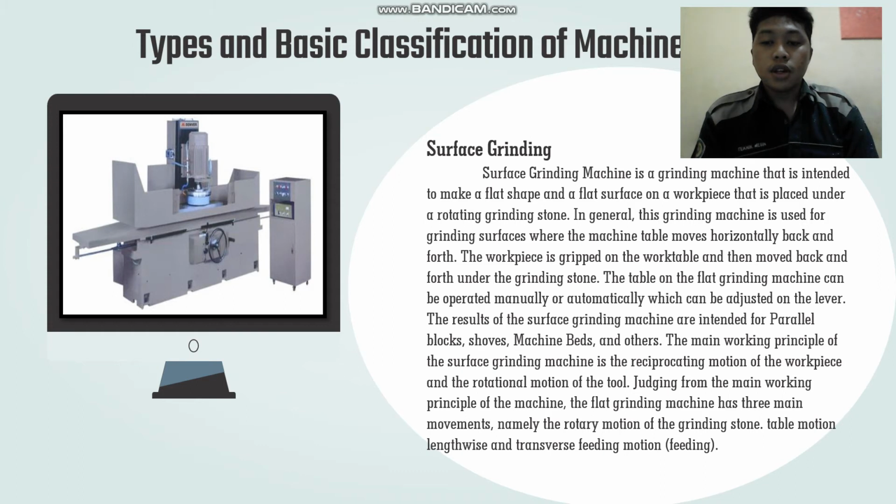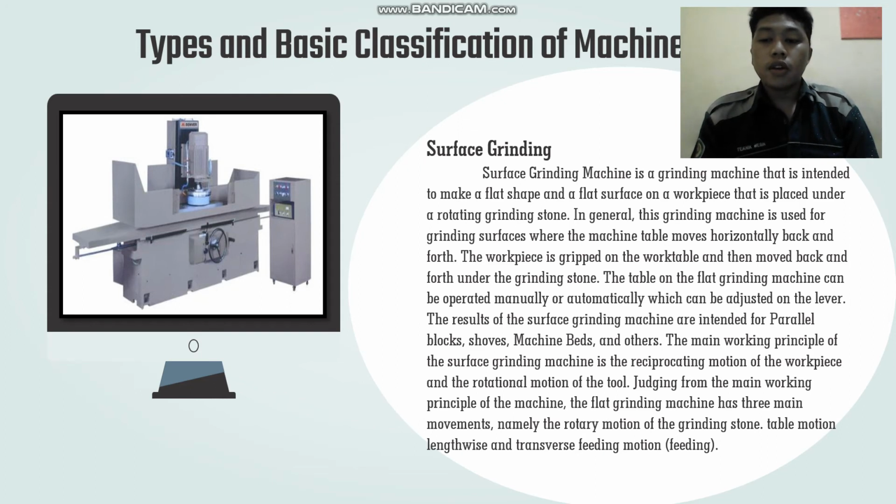The workpiece is clamped on the work table and moved back and forth under the grindstone. The table on a flat grinding machine can be manual or automatic, adjusted with a lever. The results of the surface grinding machine are intended for parallel shapes, machine beds, and others.